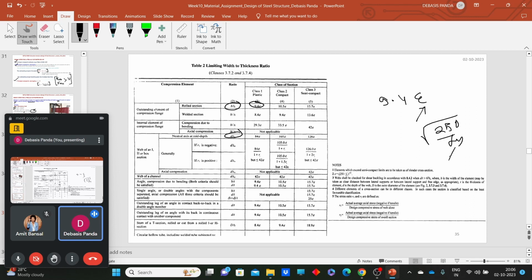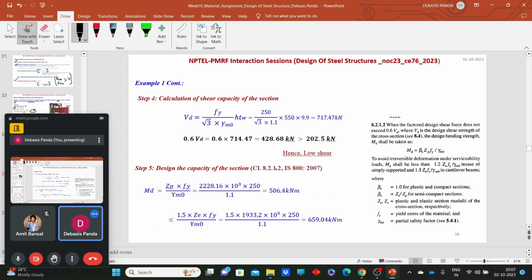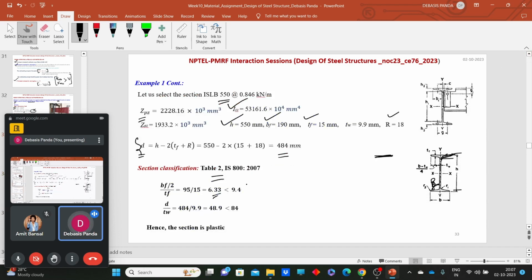Now for our case, the Fy is 250, so 9.4, and B, what is that B? B is nothing but that BF by 2. So here from this clause we see that our section lies under the plastic section.